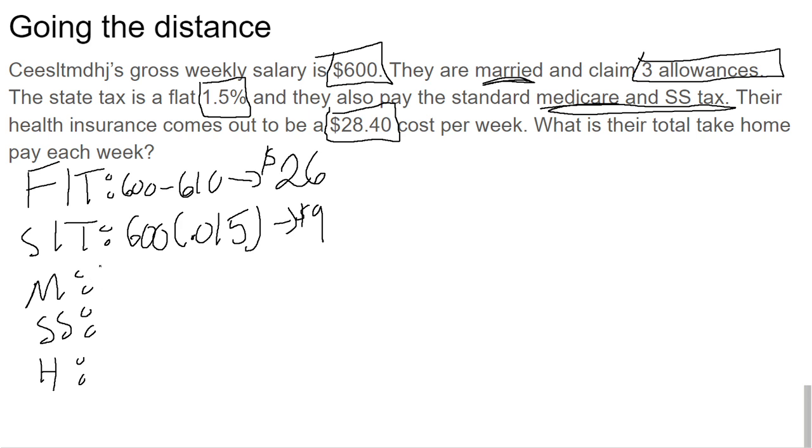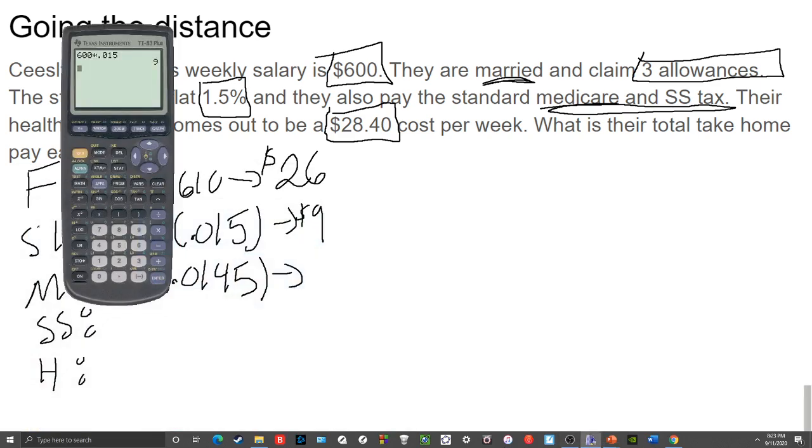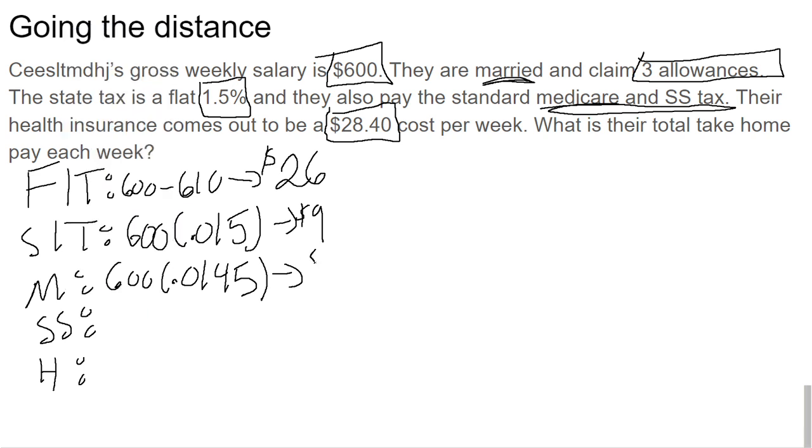Medicare and Social Security. Remember, Medicare is a 1.45% tax, so 600 times 0.0145. That'd be $8.70, and that is indeed a 5, not a 3.